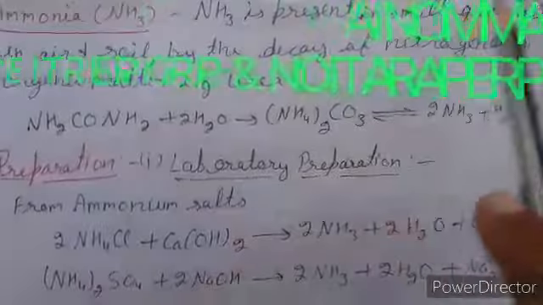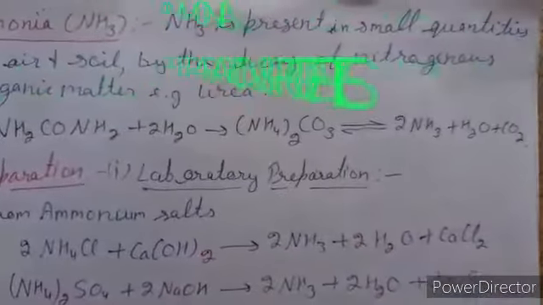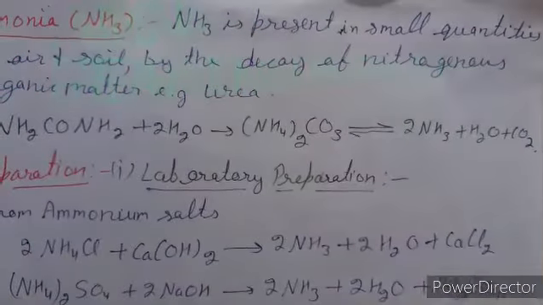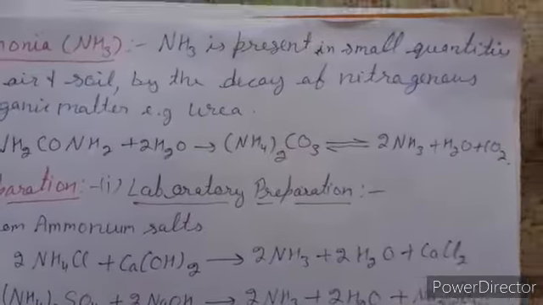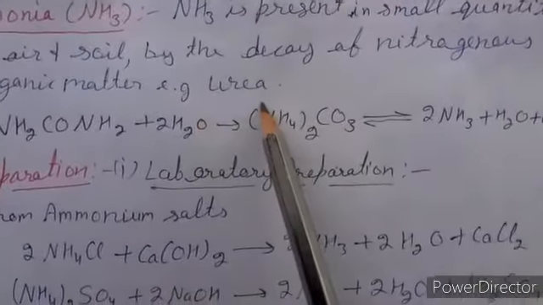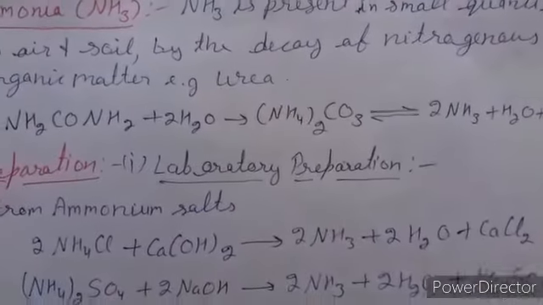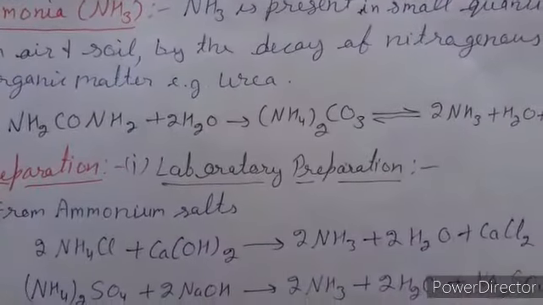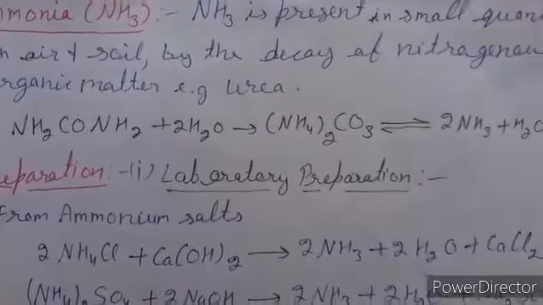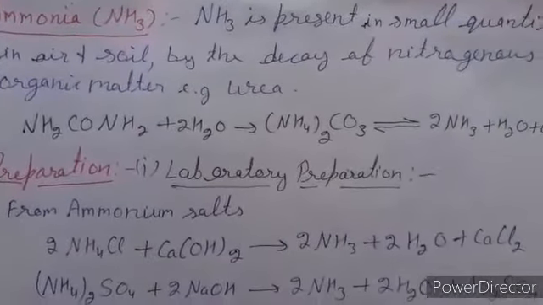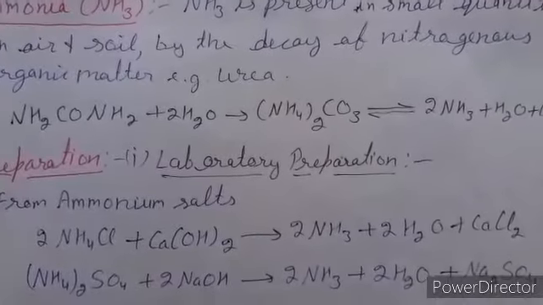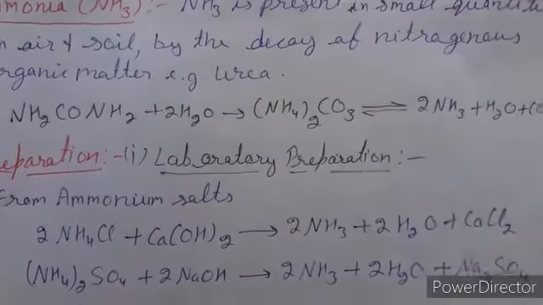So ammonia is present in small quantity in air as well as in soil, by the decay of nitrogenous organic matter, for example urea. So we use fertilizer urea to enhance the crop production and yield of crops, and to provide the proper quantity of nutrients to the crop.